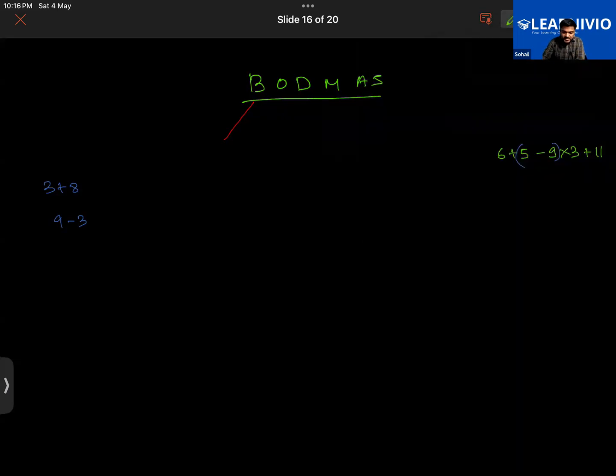B here stands for bracket. There are different types of brackets. You can see brackets like this, or like this, or like this. The first rule says that break down the problem that is inside the bracket.